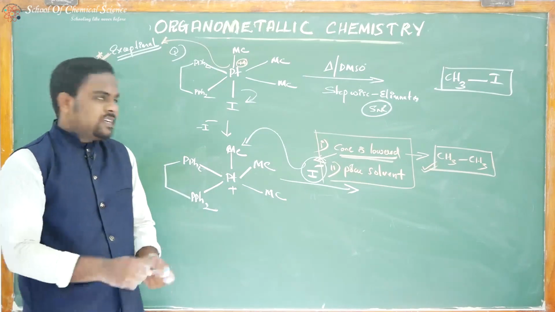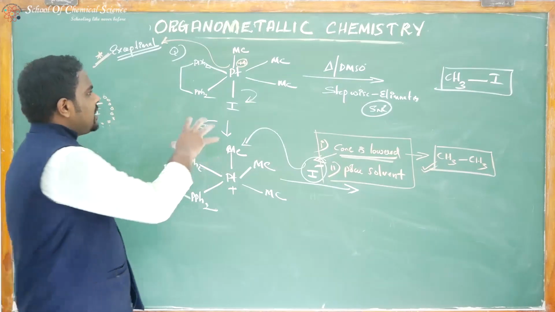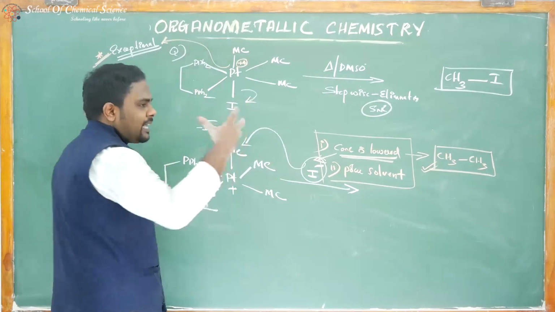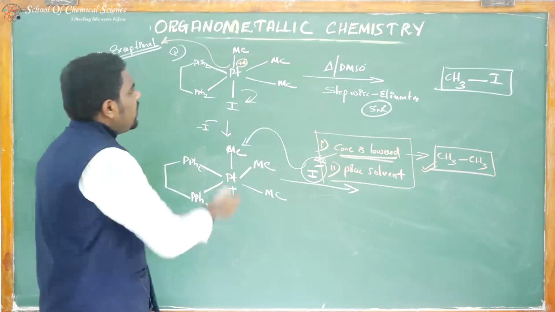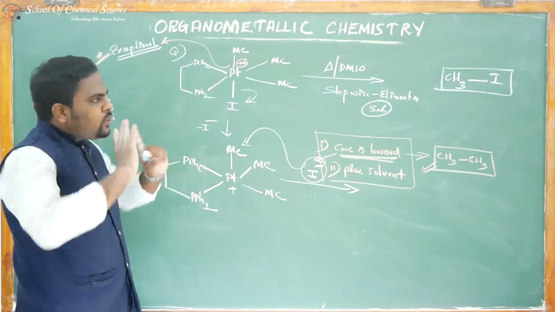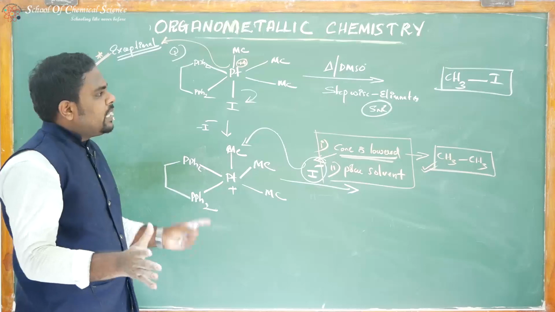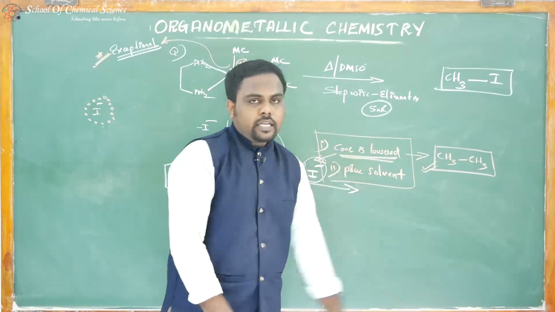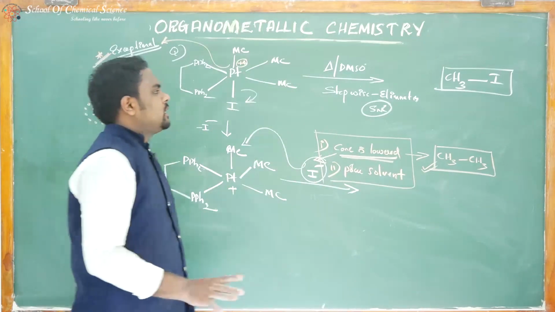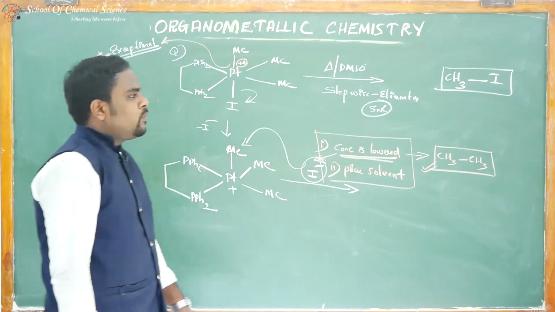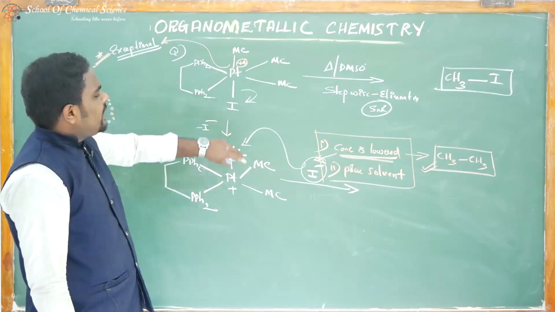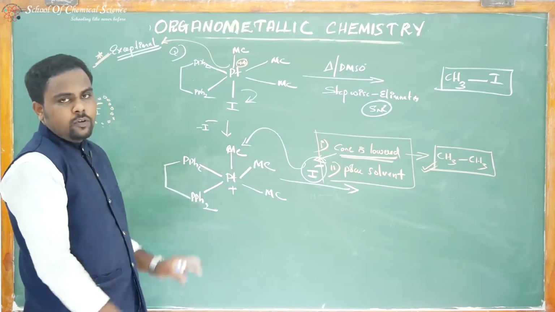That is the exception. Once again I am repeating, platinum 4+ is an exceptional case. Platinum 4+, high oxidation state with 4 anionic ligands. Usually according to our order of elimination we expect this product, but the actual product is CH3I because it follows stepwise or SN2 elimination: I minus is eliminated and that attacks the methyl group.